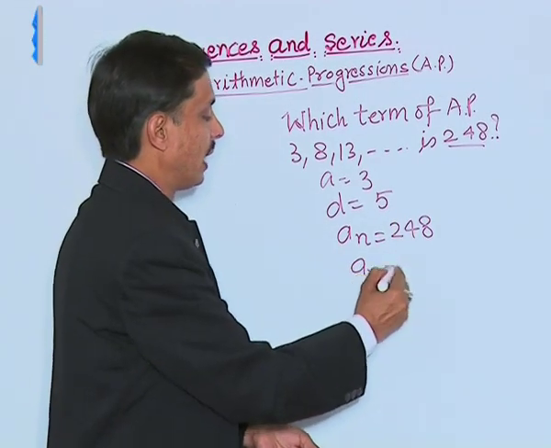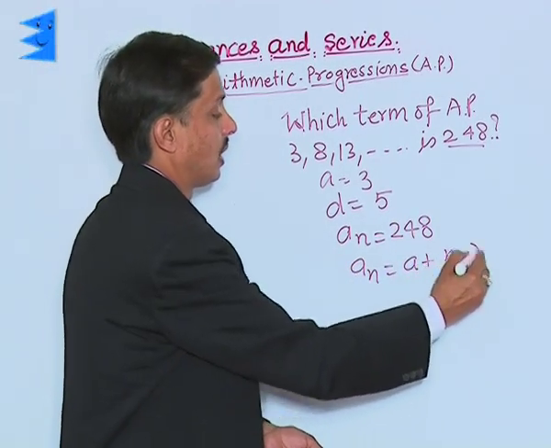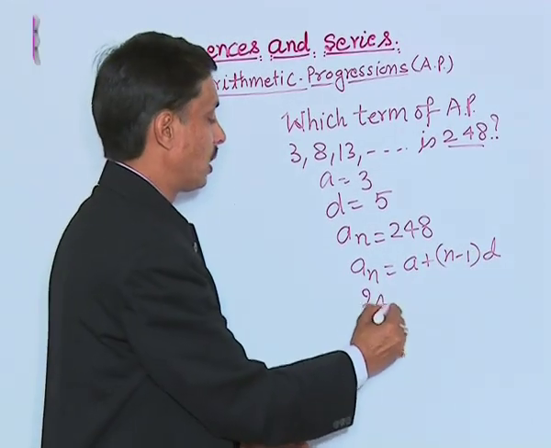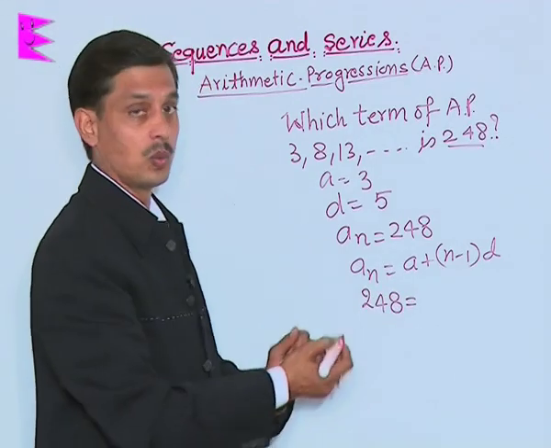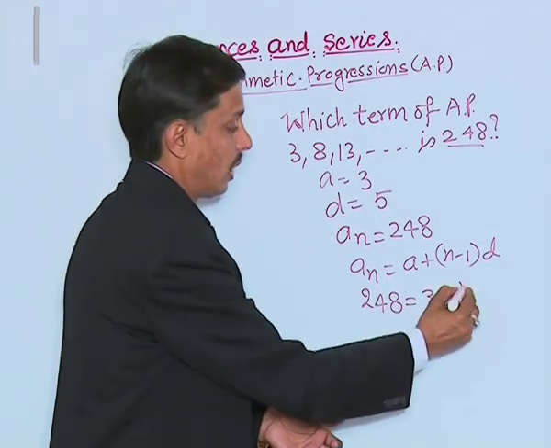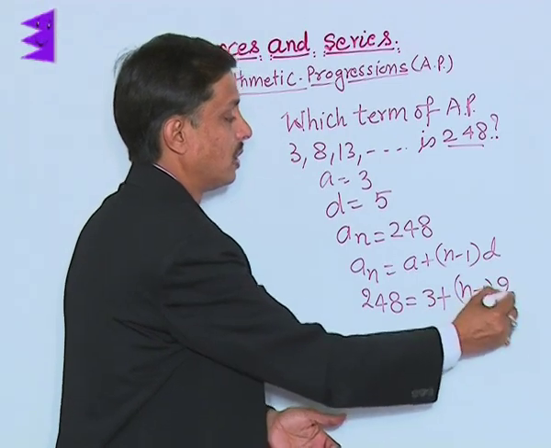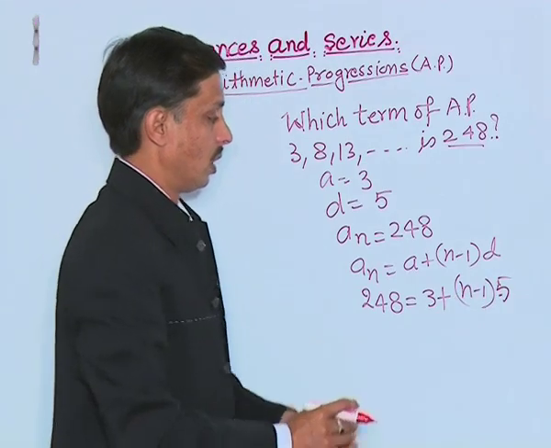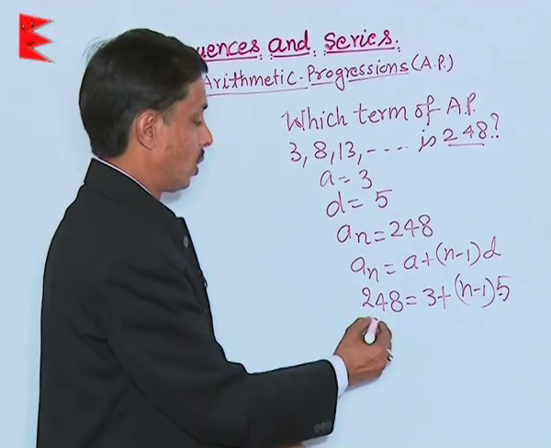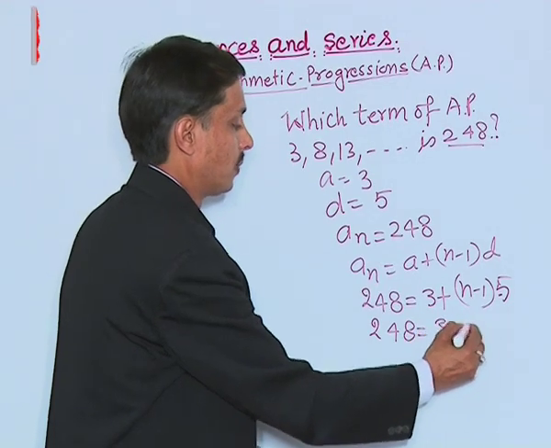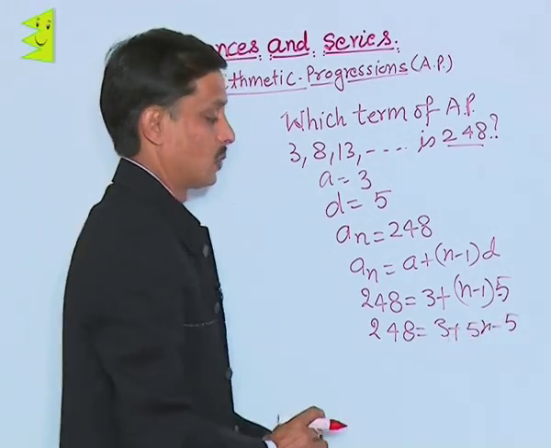We know that an is given by a plus n minus 1 into d. That is, 248 equals 3 plus n minus 1 into d. Here d is 5, so 248 equals 3 plus 5n minus 5.